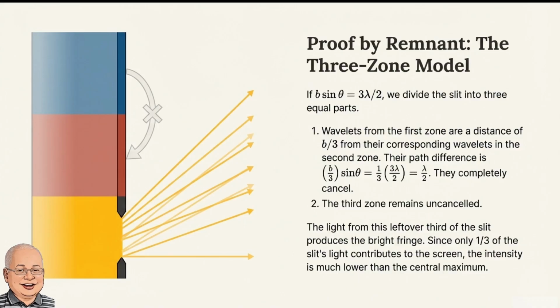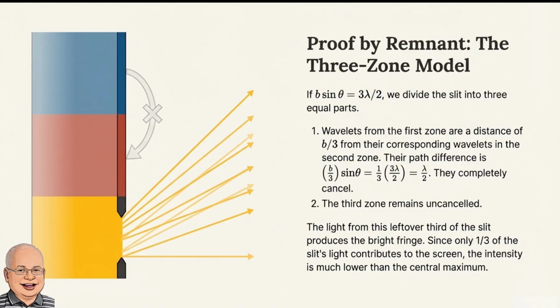So, the blue zone and the red zone, the contribution from these two zones will completely cancel out. Whereas the yellow zone, the bottom portion, that zone will remain uncancelled. So, that will contribute to brightness. Now, since most part of the slit is cancelling out, it will not be as bright as for the full slit.